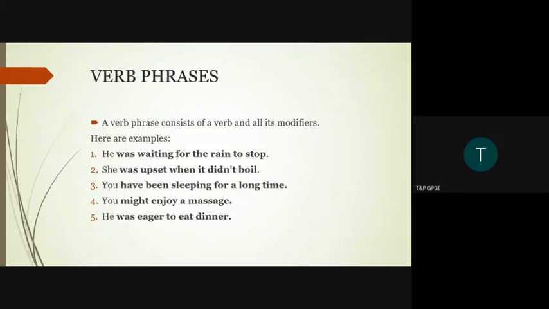I'll give you an example: you might enjoy a message, or he was eager to eat dinner. We have a verb here, and we have a phrase.